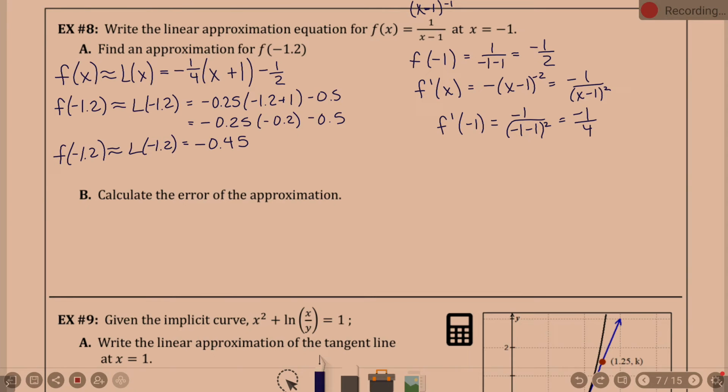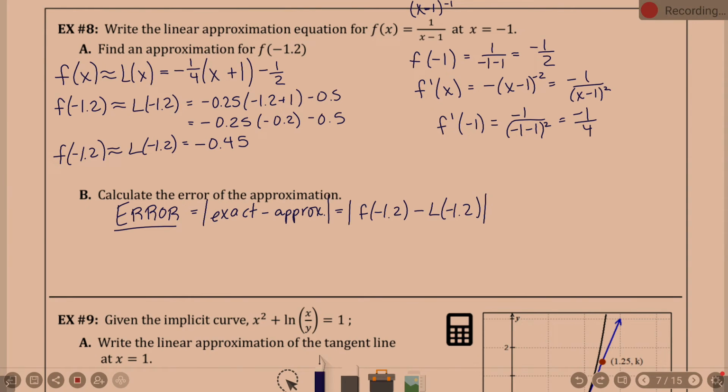Calculate the error of approximation. How are we doing the error? Error is exact minus approximate, right? So that's the actual f(-1.2) minus the linear approximation of -1.2, however you want to remember it.